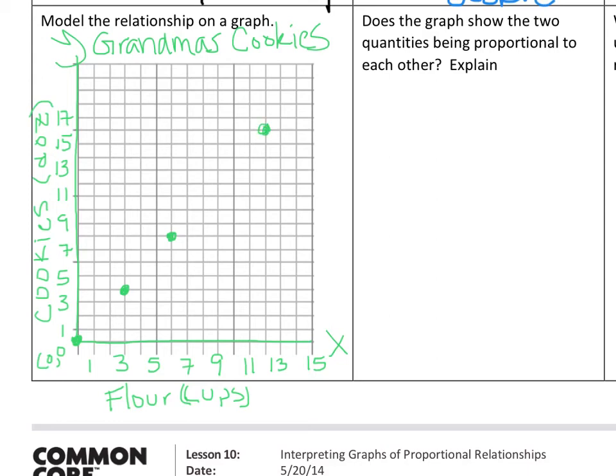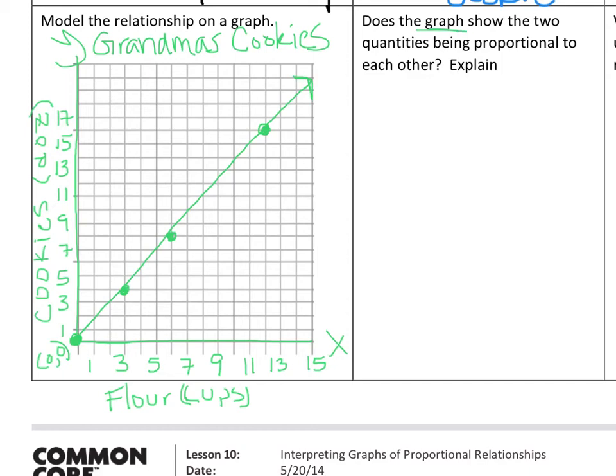So another big point way up there. Alright, so like in our other graphs, we can connect these. That looks like a pretty good line. And if I had 0 cups of flour, I can make 0 dozen cookies. So 0, 0 is a part of our relationship.